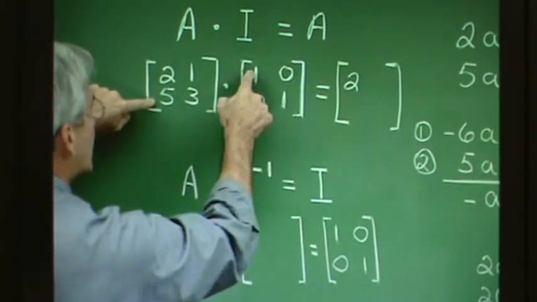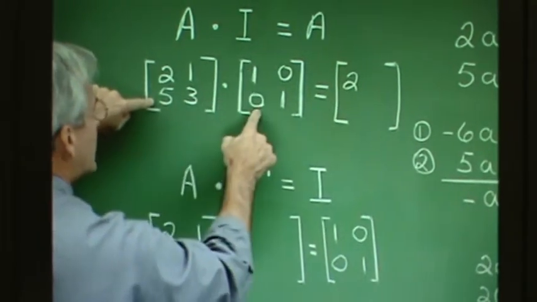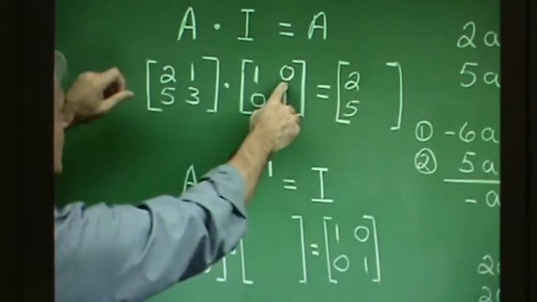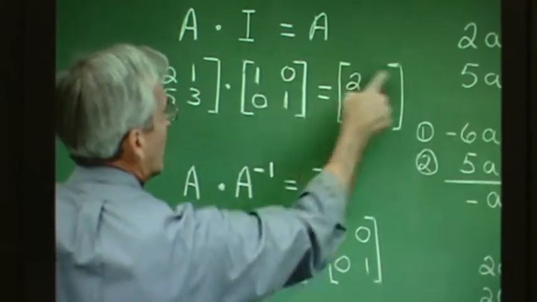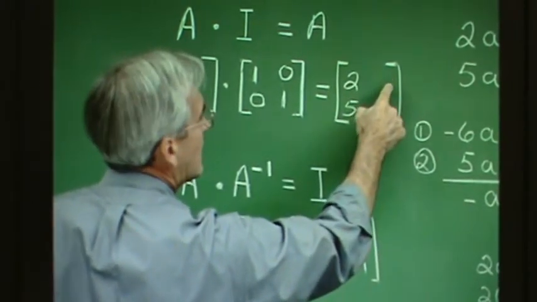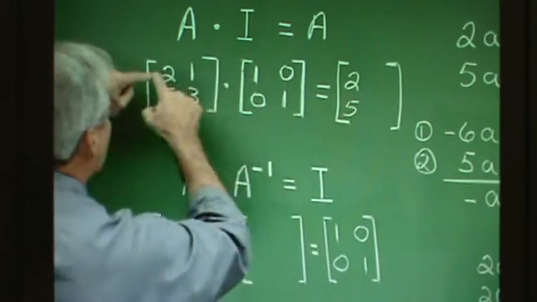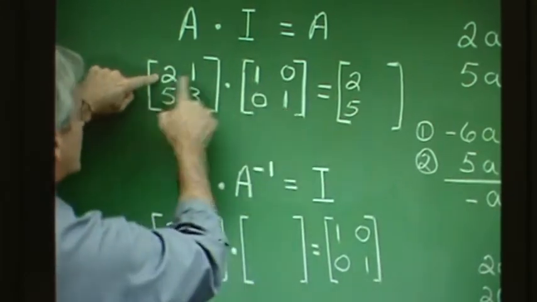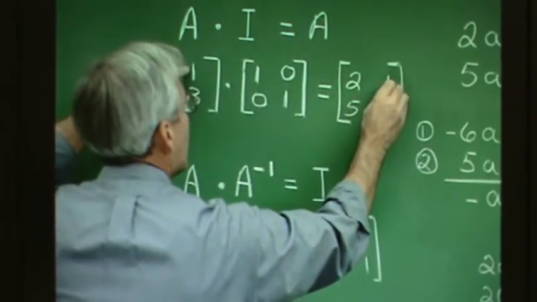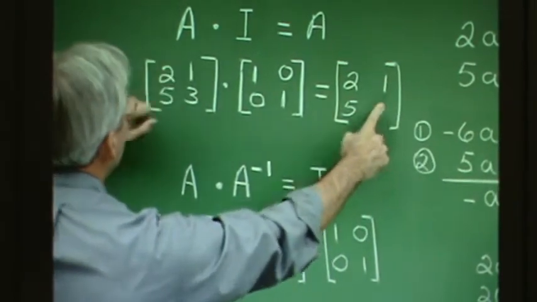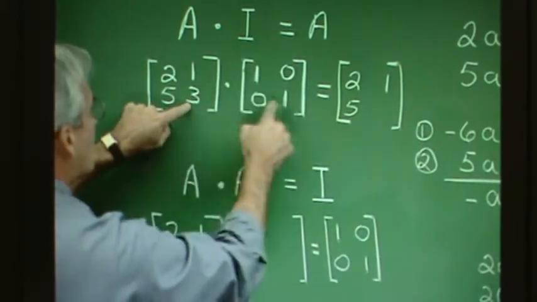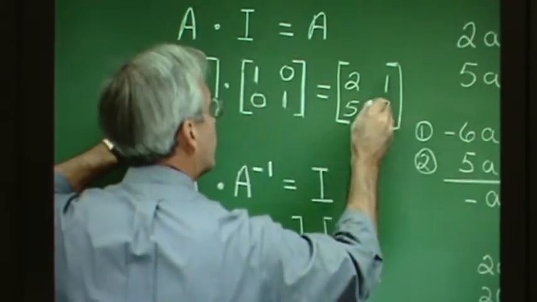So we have 5 times 1, 5, plus 3 times 0, 0. That's 5. And then up here, the entry for the first row, second column. So it's 2 times 0, 0, plus 1 times 1, 1. And then second row, second column, 5 times 0, 0, plus 3 times 1, 3.